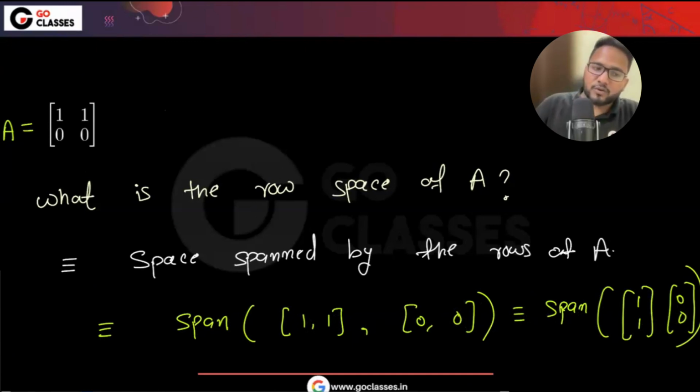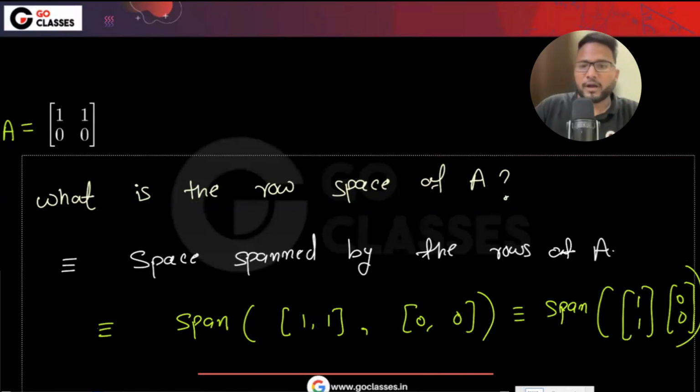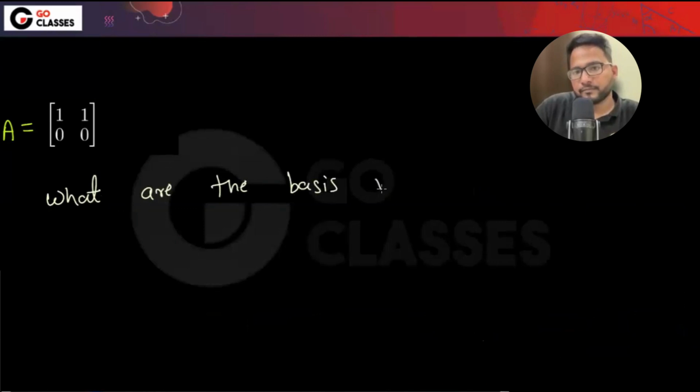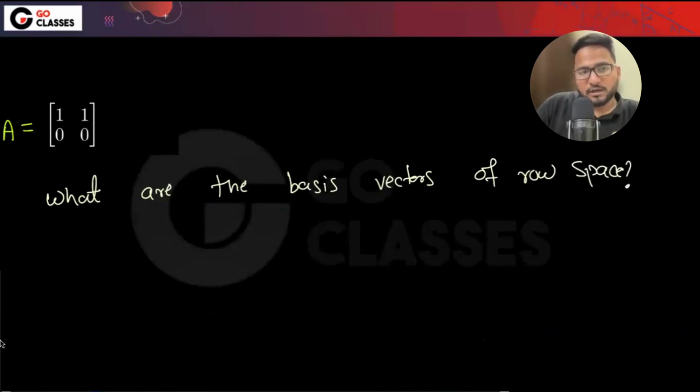Now, if I ask you the next question, what are the basis vectors of the row space, then what is your answer? Should I be writing the basis vectors like this?